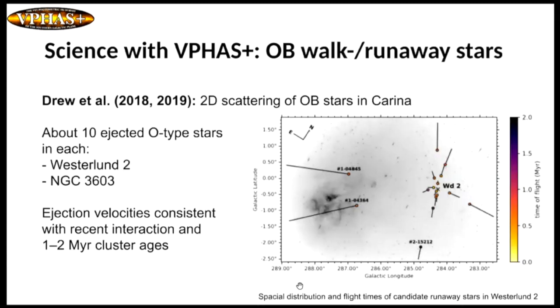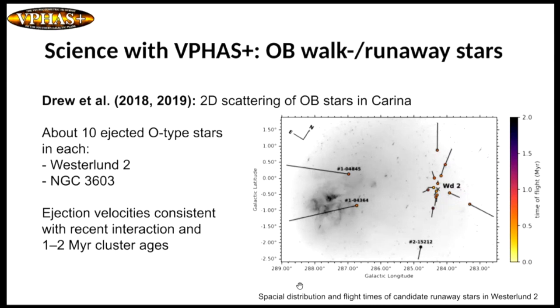Later on, Janet led some other papers looking again at these regions in the Carina arm, but combining VPHAS plus with proper motions. So the focus of these papers was the study of the dynamical interaction within the open clusters. In particular, they identified a few candidates of ejected O-type stars.